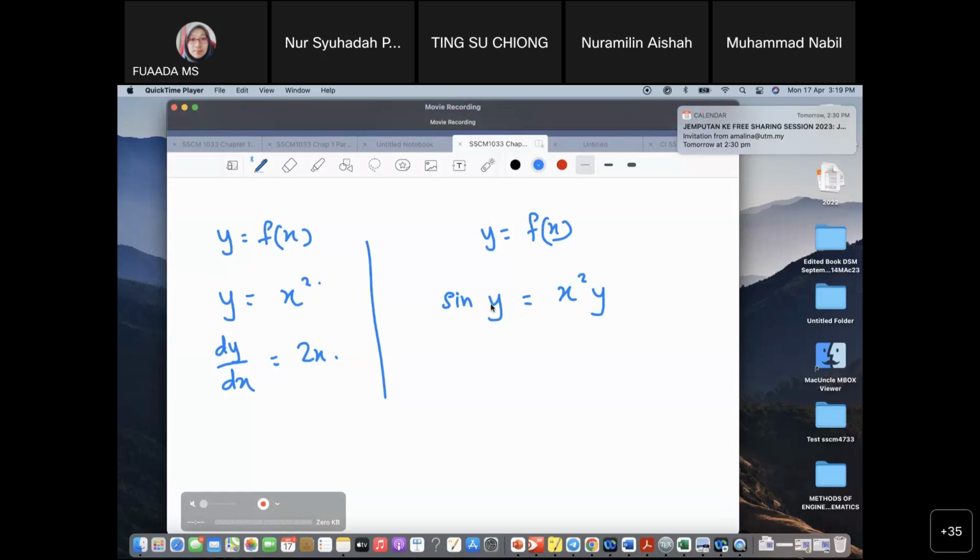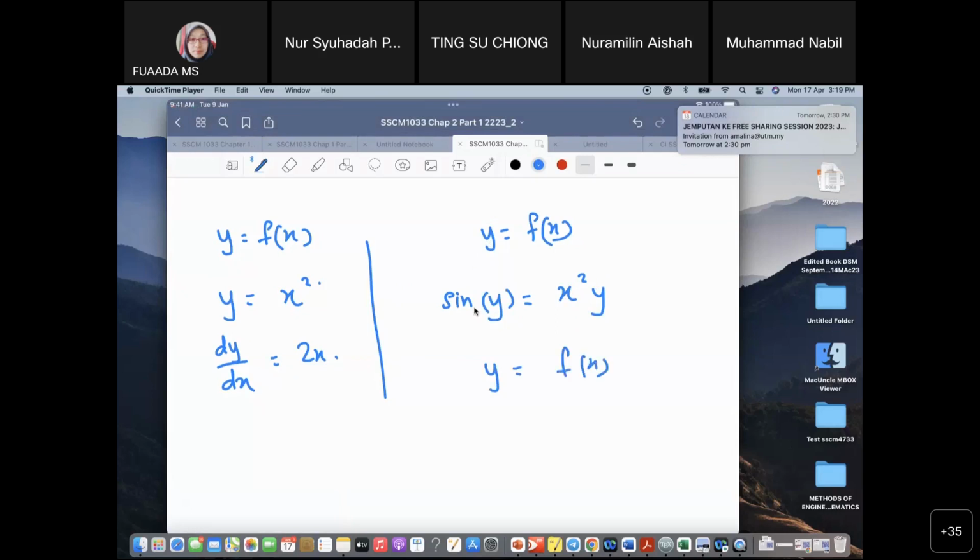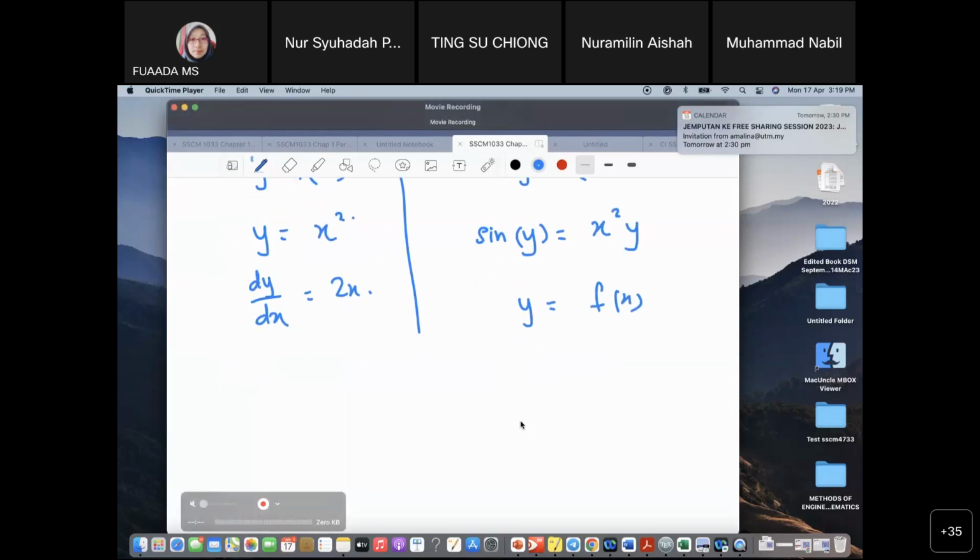You tak boleh buat y alone sebab sekarang ni y is under the sine. Okay. So you cannot write down y sahaja di sebelah kiri, yang lain semua di sebelah kanan. So susah. Boleh tapi susah. And bila you nak differentiate lagi complicated. Sebab dia melibatkan inverse sine and so on. Ada y pula tu kat sini. Dia dah susah. Jadi in terms of finding the derivative, you have to differentiate implicitly.